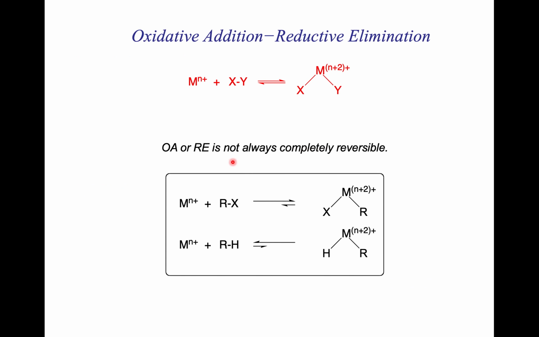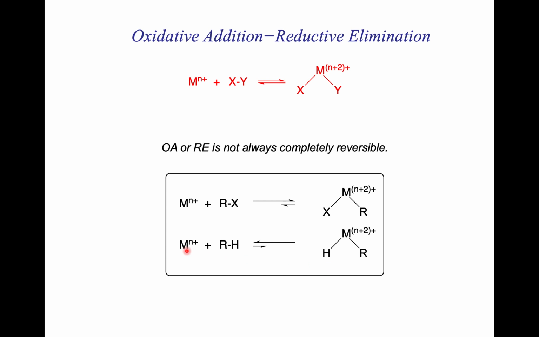These are not always reversible, so this reversible arrow meaning that this would be something like 50-50. It's not always the case. It usually will lie in one direction or another. For example, if we've got something here like RX, so we might have, I don't know, again, maybe methyl iodide, and it goes over here to have X minus and R minus, and this would lie really far to the right-hand side.